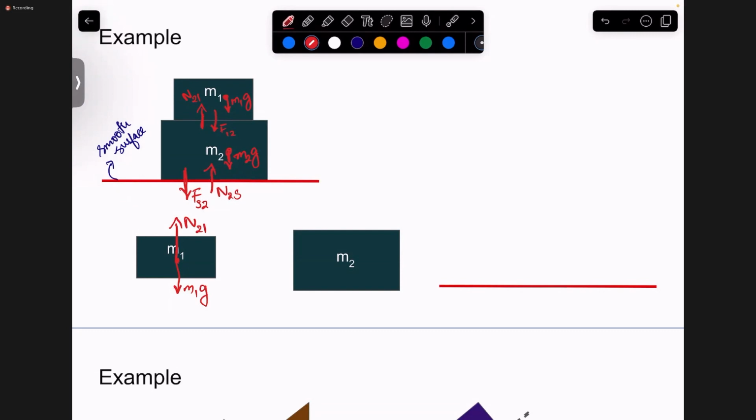Then what about M2? M2 also has something similar, which is M2G, acting downwards. And from the surface, you have N2S. And this block is providing force on the block above.